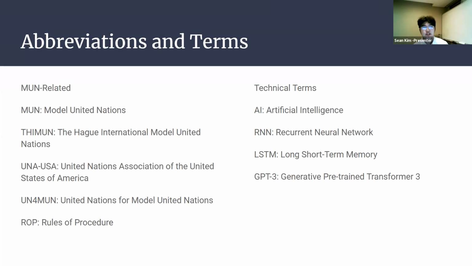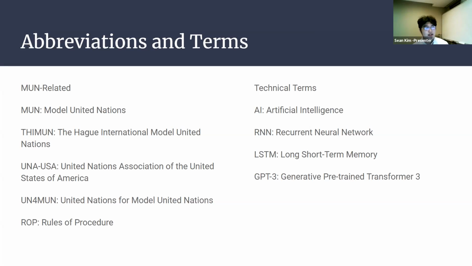These rules of procedure detail how the conference will be dictated and carried out. Some examples of this ROP are HMUN, UNA-USA, and UN4MUN, which respectively stand for the Hague International Model United Nations, the United Nations Association of the United States of America, and the United Nations for Model United Nations.